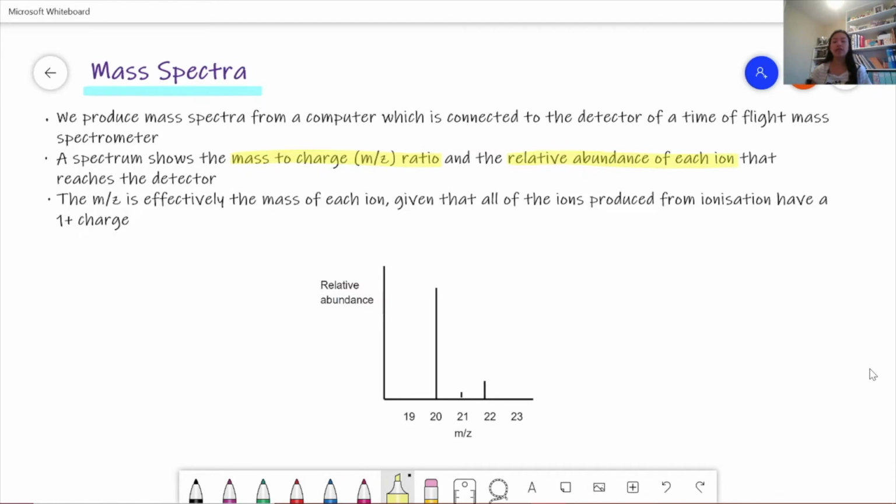And the m/z is effectively the mass of each ion, because when we ionize these ions, we assume that we produce ions with a 1+ charge. And so we get mass spectra that looks like the one at the bottom. So we have relative abundance of the ions on the y-axis, and on the x-axis we have the m/z ratio.